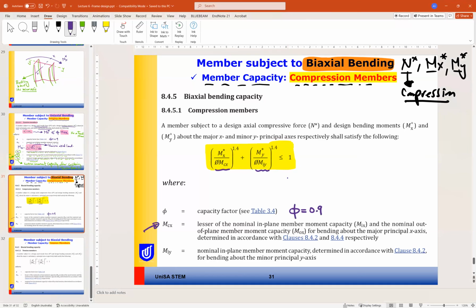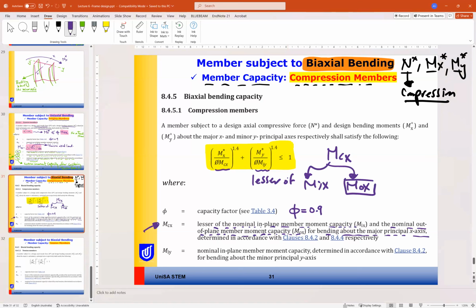MCX is the lesser of the nominal in-plane member capacity MIX and the nominal out-of-plane member capacity MOX for bending about major principal axes. So this means that MCX is the lesser of the two, MIX and MOX.